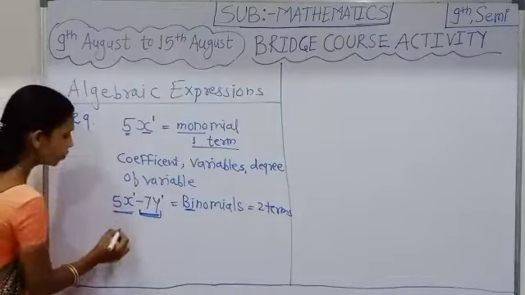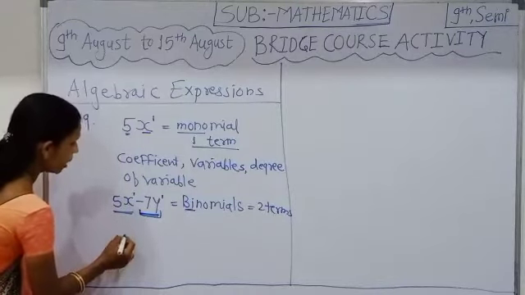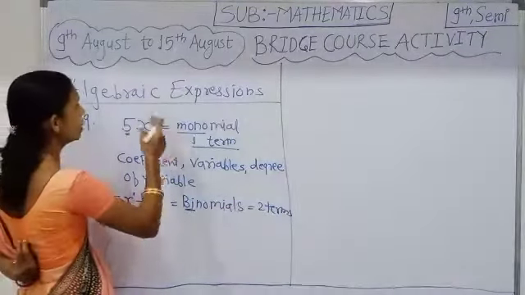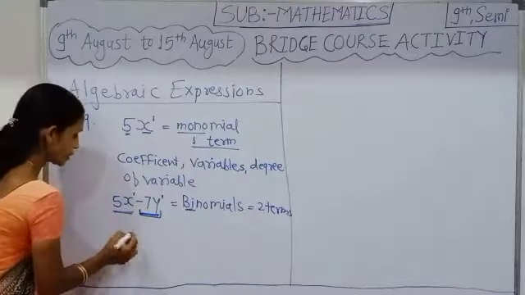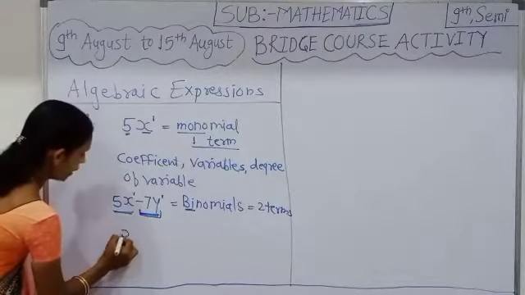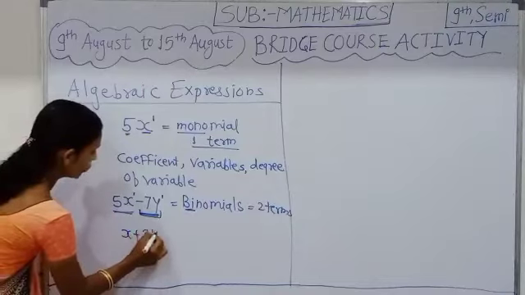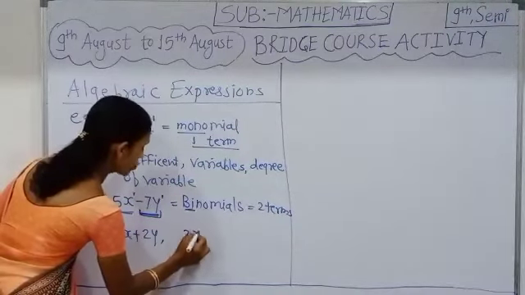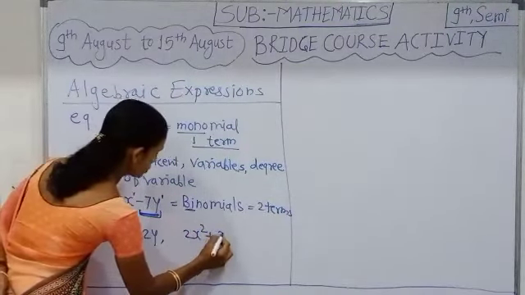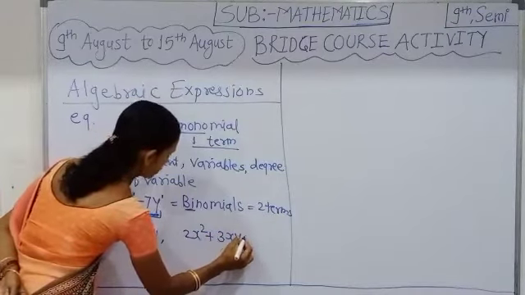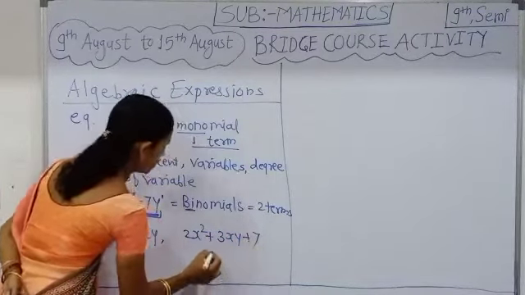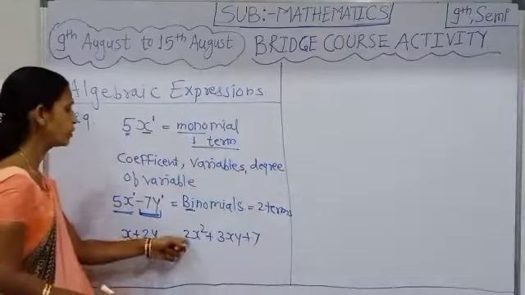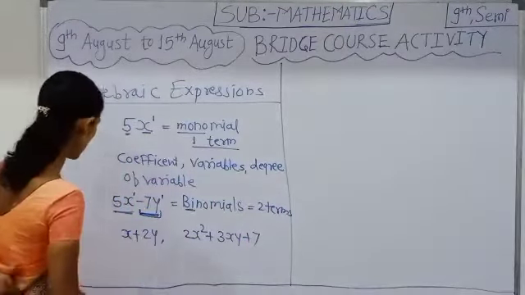A few more examples of algebraic expressions are x plus 2y, and 2x square plus 3xy plus 7. That is also an algebraic expression.